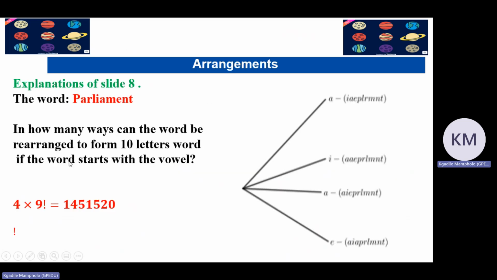Here I illustrated this with something like a tree diagram to show that if the first letter is A, remember these 2 A's, we take them as different. It means the other 9, including the 3 vowels, can still be anywhere. If the first one is I, we'll not have I here.